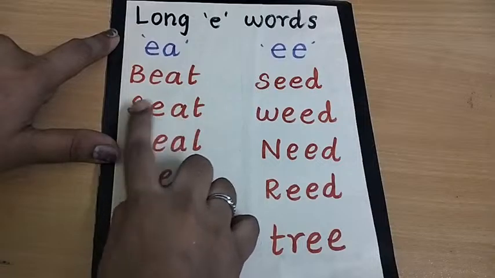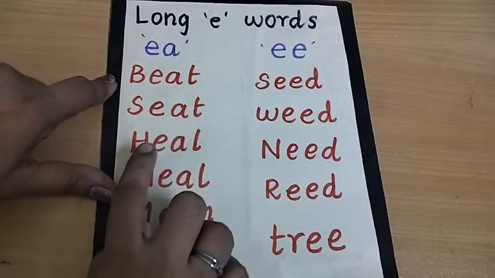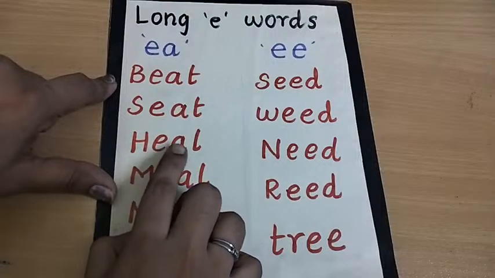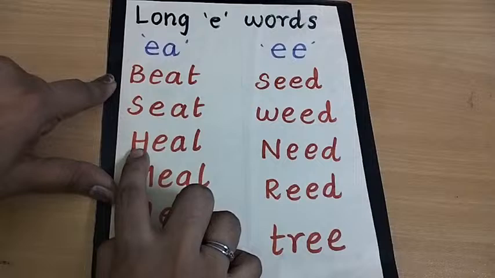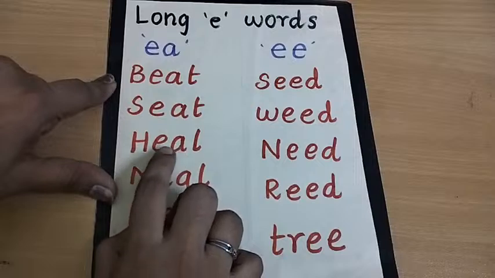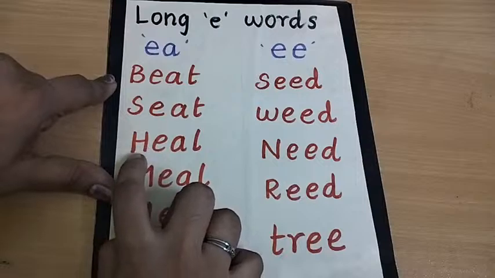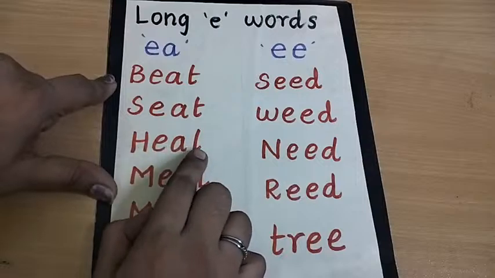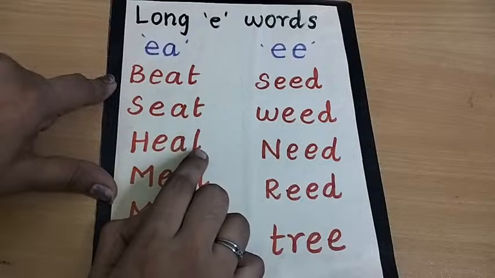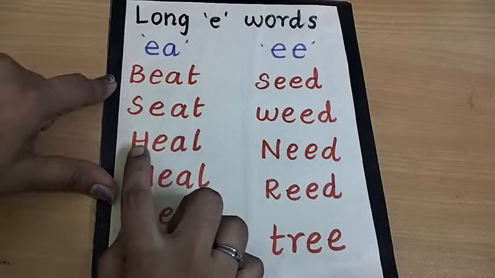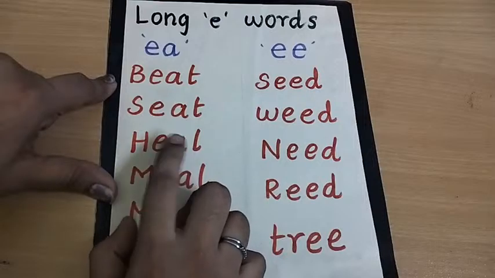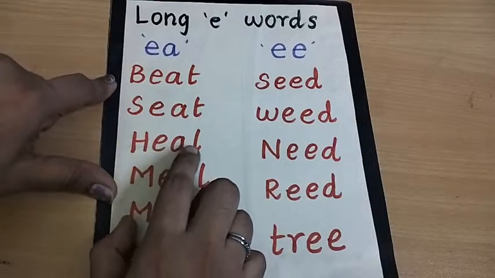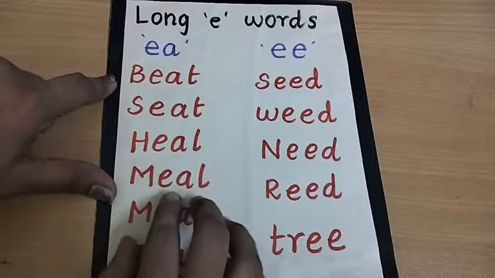The next one, H, E, A, L. The sound of H is H. Next, the EA, you have to take the first vowel. It says its actual sound. So E. The sound of L is L. So you have to read it as E, L. Heel.